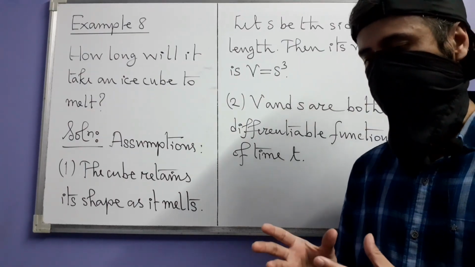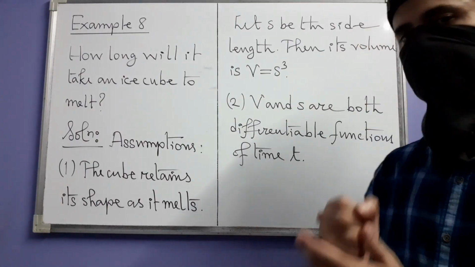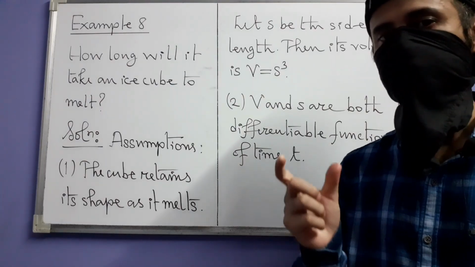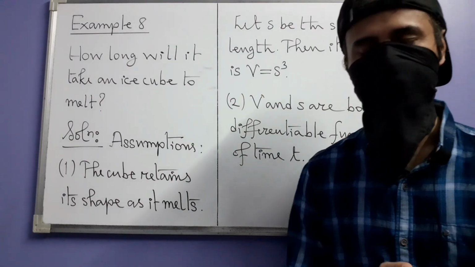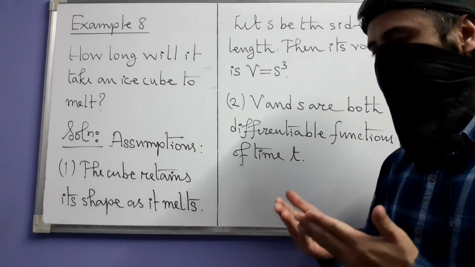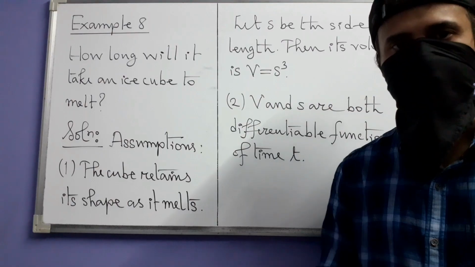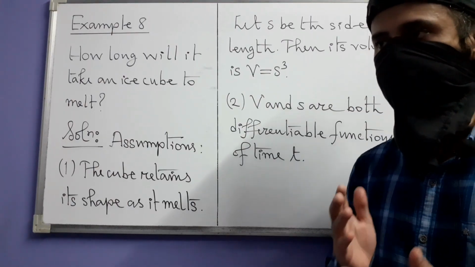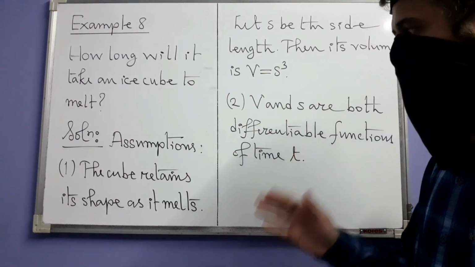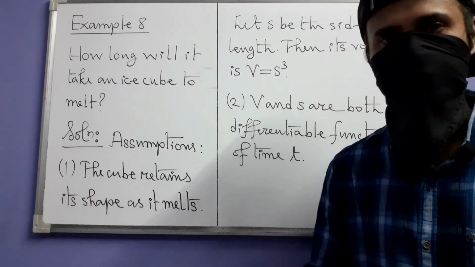It's not a mathematical problem in the sense that it's not just about mathematics, it's about physics, a physical situation. And whenever you try to model something in the real world, whether physical, chemical or biological, you have to have some kind of assumptions which are actually approximations.